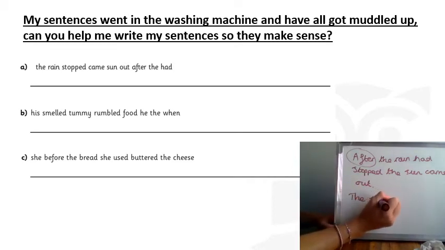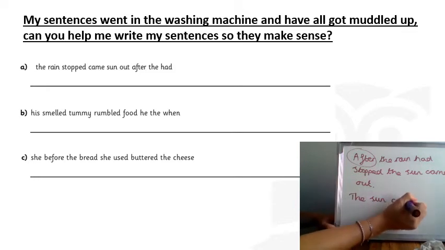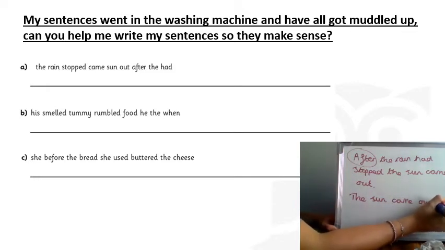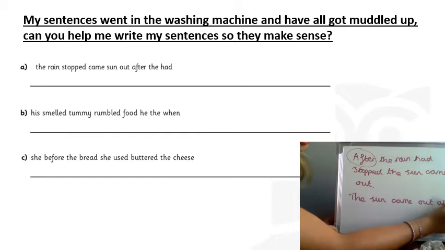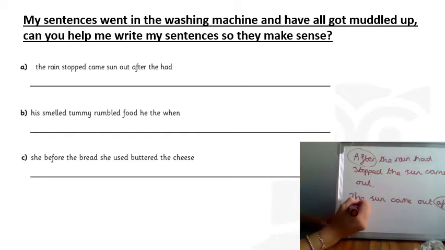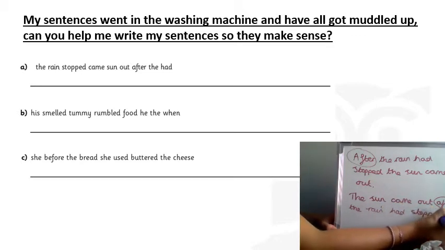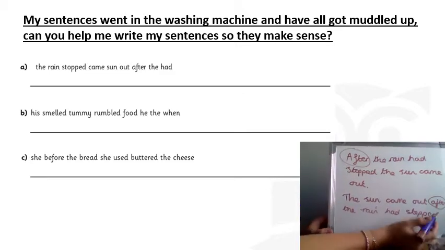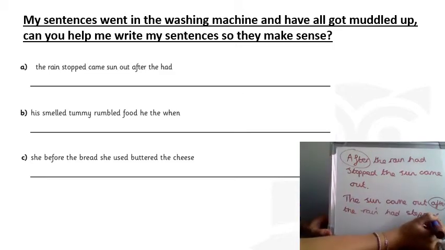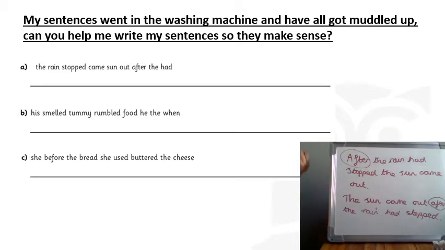So the sun came out after the rain had stopped. So you can see that I have unjumbled my sentences now so that they make sense, and I've also written the two different ways that this sentence could have been written. After the rain had stopped, the sun came out, and the sun came out after the rain had stopped.